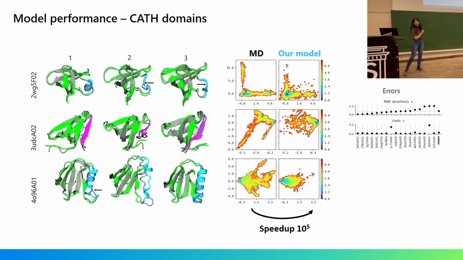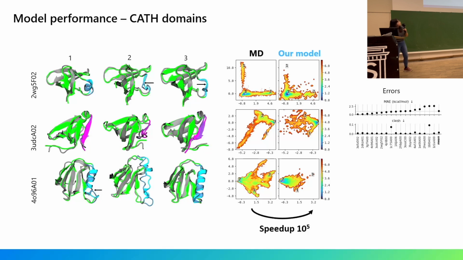We looked deeply into the specific protein structures, and they agree pretty well with our MD reference, especially capturing the local unfolding characteristics, highlighted in the cyan and magenta colors.